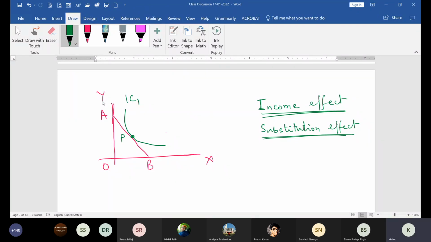If quality is altogether different, then you can treat these two products just like two different commodities, and you cannot compare. But if quality is more or less the same, then as a rational consumer, you will try to replace the costlier item by the cheaper item.